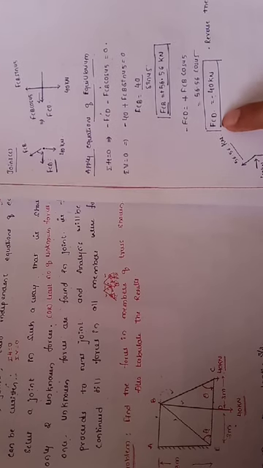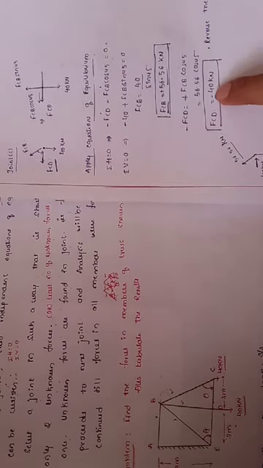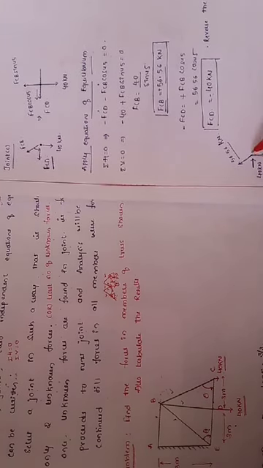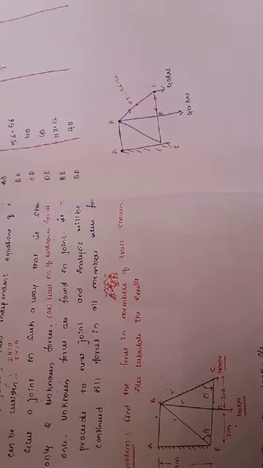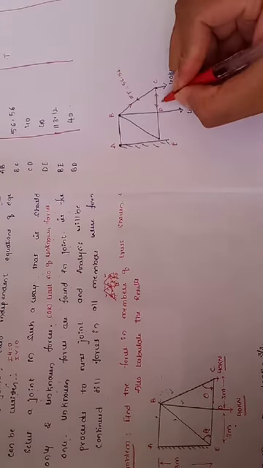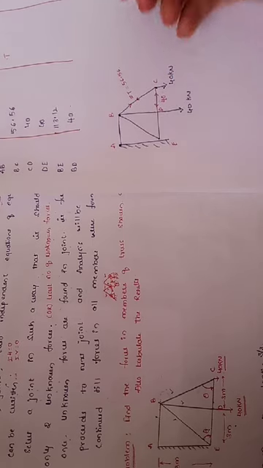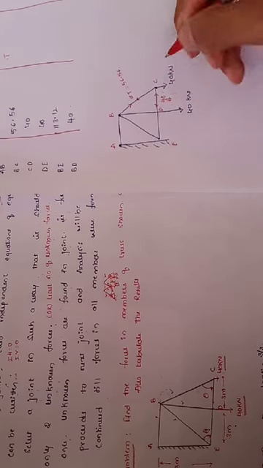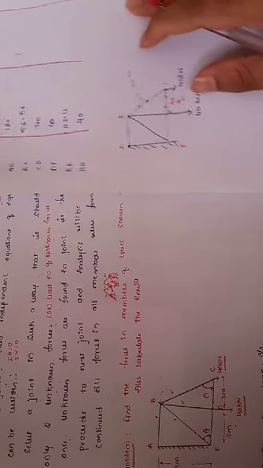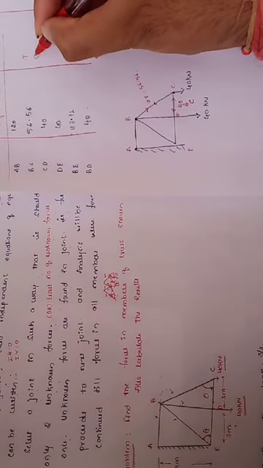In joint C we see FCD; initially we assumed it is away from the joint, so I got the reverse direction, so this is moving towards the joint. So this is in compression. This will be 40 kilonewton, moving towards the joint, so that will be compression.